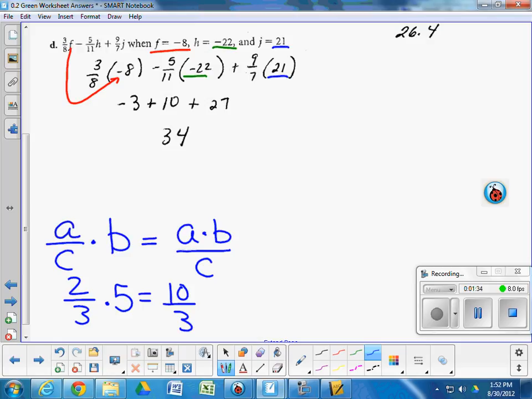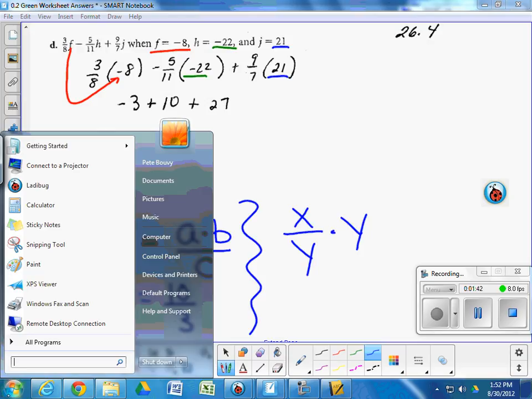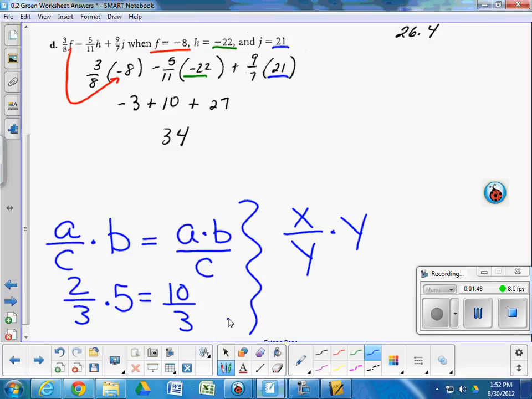Now, if by chance you have x over y times y, now we have a shortcut, right? If you have 2/3 times 3, you can go the same route and you can do 2 times 3, which is 6, and then you can do 6 over 3, which is 2.